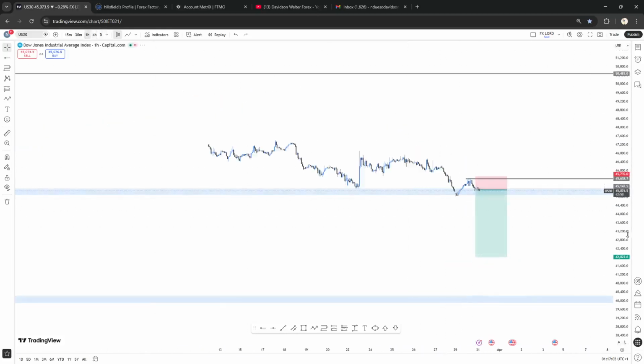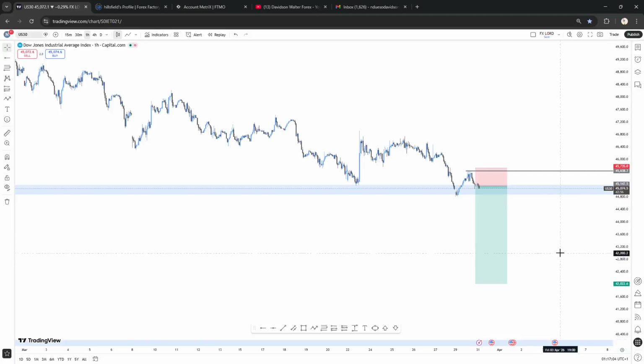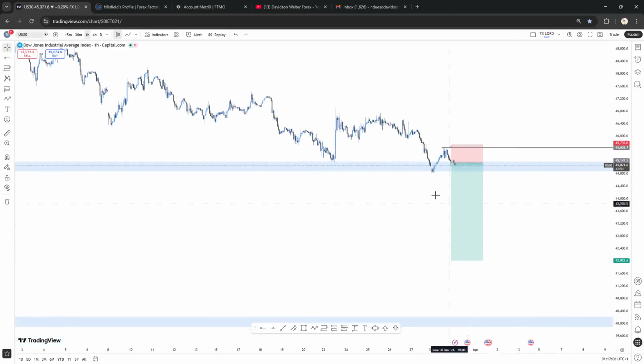Now let me tell you, I've been waiting for this entry. This is Tuesday night, it's currently 1 a.m. GMT Nigerian time. I've been waiting for this setup since yesterday, Monday, when the market opened on Monday night at 12 a.m. As at then, the market was at this level.